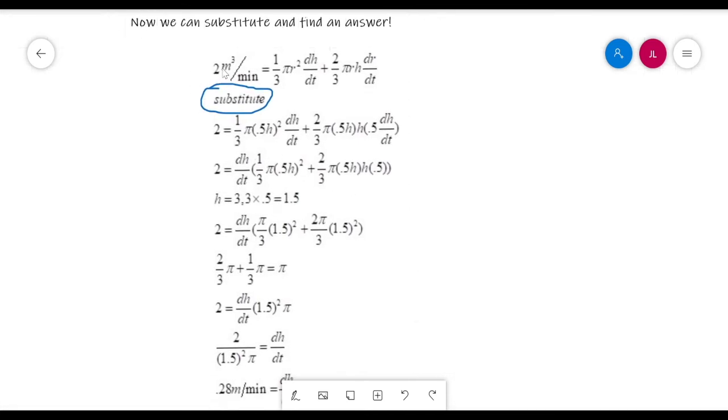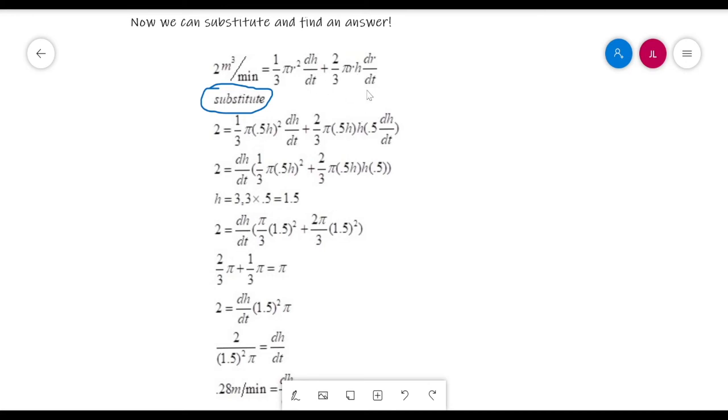So this is what we had: 2 cubic meters per minute is 1/3 pi r squared dh/dt plus 2/3 pi r h dr/dt. But now we know how to substitute for r. So r is 1/2 h. So instead of r squared, half of h is squared.